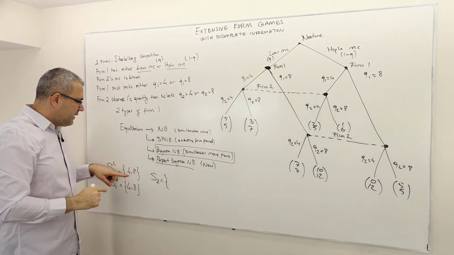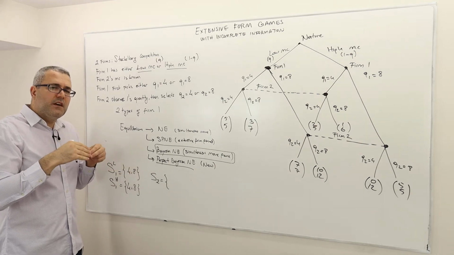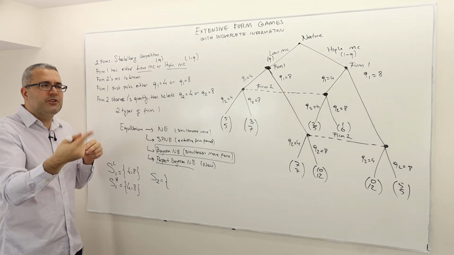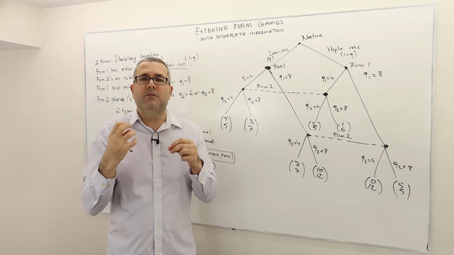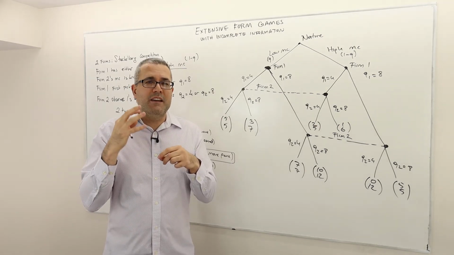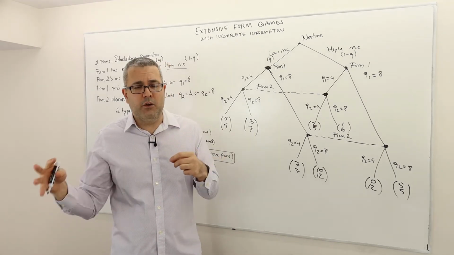Therefore, his strategies are singleton. Because remember, strategy is a function that maps each decision node to an action. So here, what does that mean? Once again, we are coming back to this definition of strategy again and again. But trust me, our definition of strategy is the same since the beginning of this course.